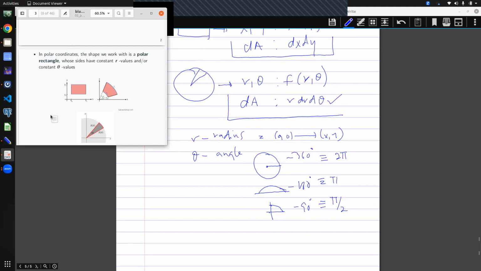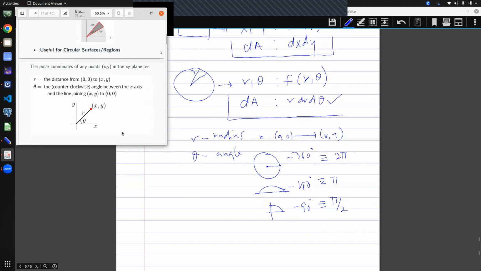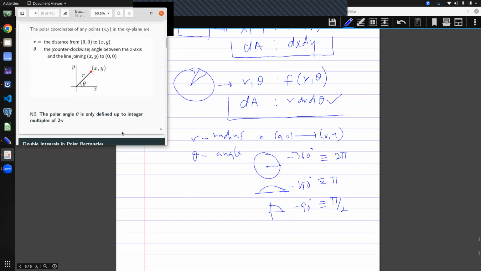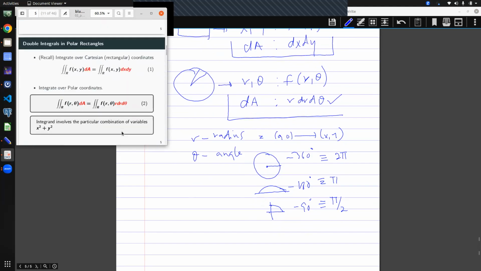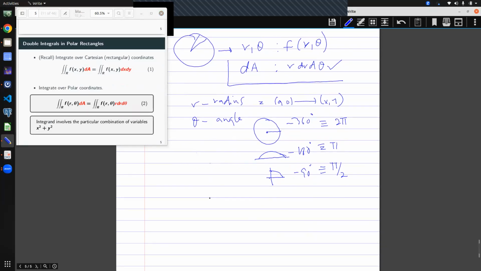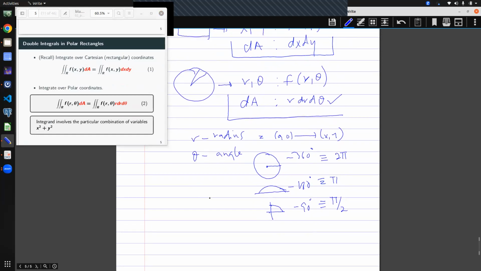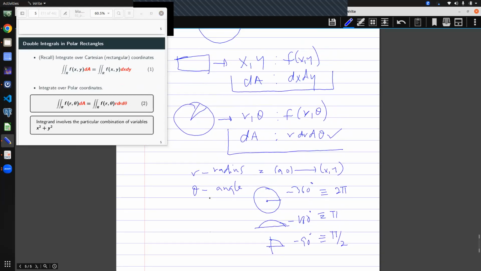Having said that, you would like to know how to do this integration. I've talked about slides 3 and 4, and I'll move to the 5th slide. For the integrals over a rectangle, it is always a double integral of dx dy.